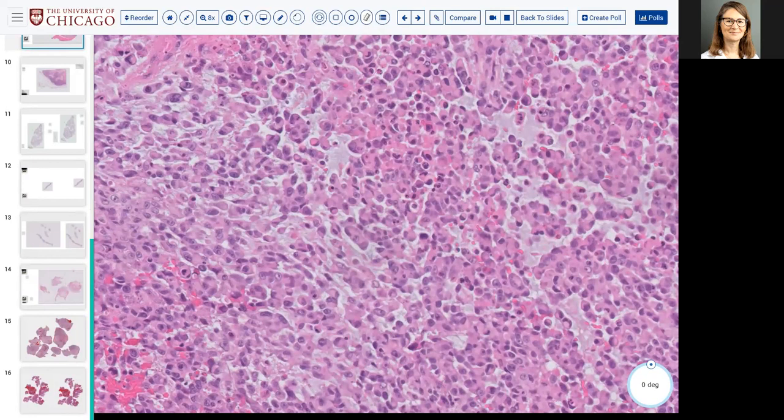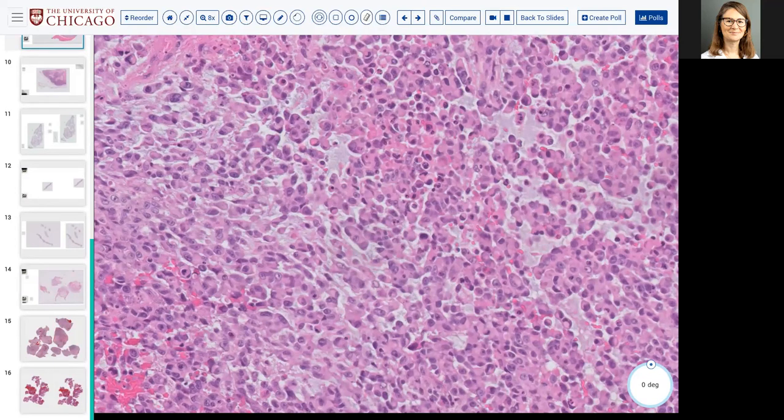And what other genetic finding do myoepithelial tumors have? Thank you. EWSR1 rearrangements. Exactly. So we have used the presence of EWSR1 rearrangement in something with this phenotype to help confirm myoepithelial differentiation.